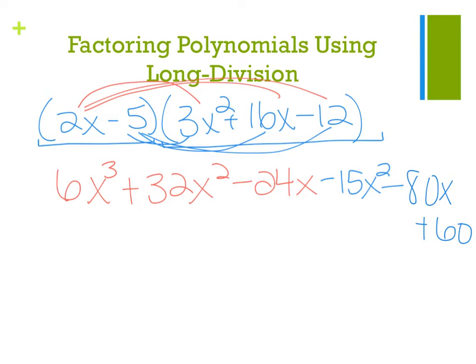Now, if I combine any like terms, first of all, 6x cubed does not have any like terms you can combine with. 32x squared minus 15x squared gives me 17x squared.